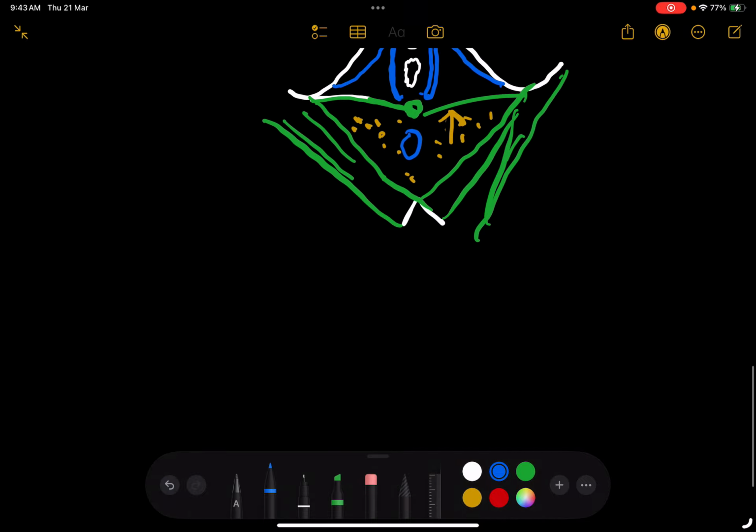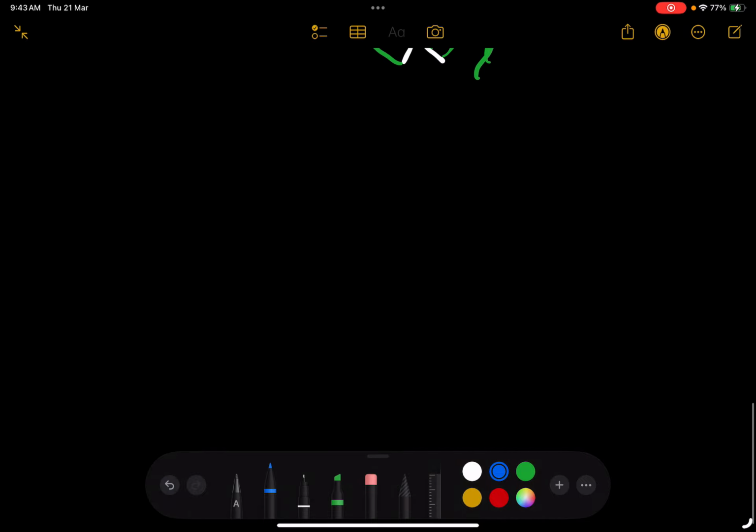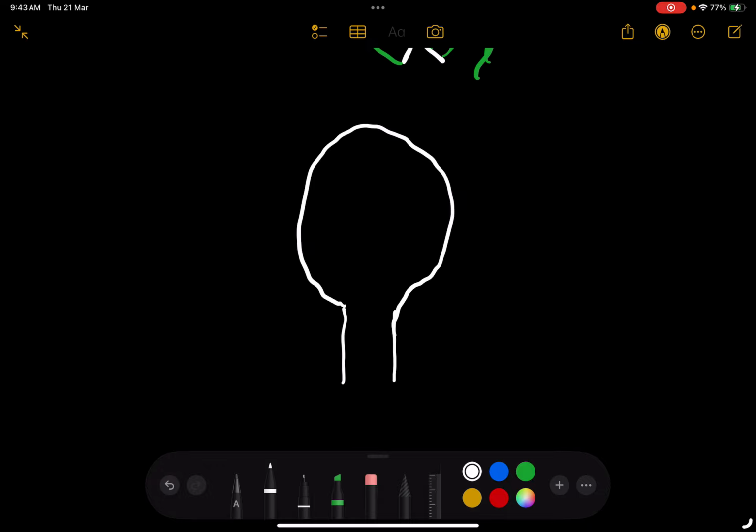Now let me quickly tell you about the bladder and the micturition reflex. So here is the urethra, here is the bladder. Then this is ending in the perineal urethra. I told you that this is the perineal membrane. This is the superior fascia of the pelvic diaphragm.